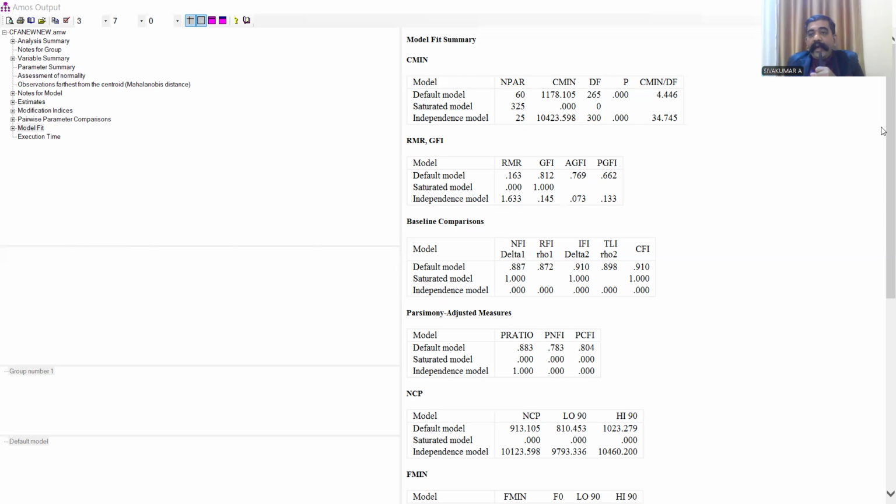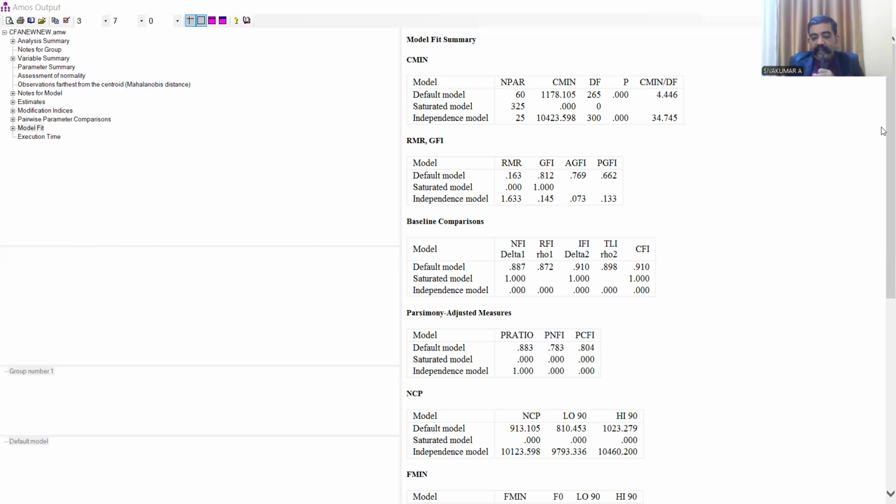But in our case, no problem, we can proceed. The chi-square value divided by degree of freedom is 4.446. That is an acceptable value. We can proceed with the structural modeling. Actually, we have conducted the structural modeling, no problem. Then the next index is incremental fit indices.